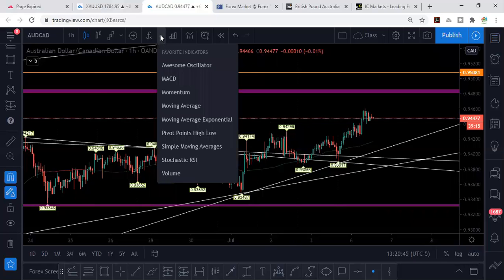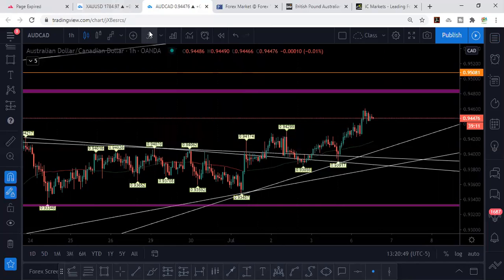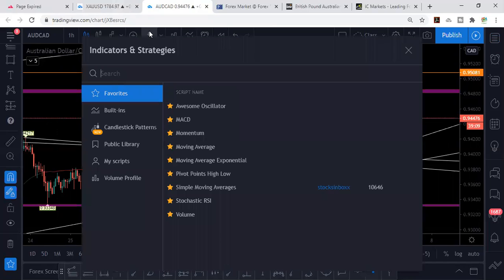Okay, let's see. FX here. Then the simple moving averages.